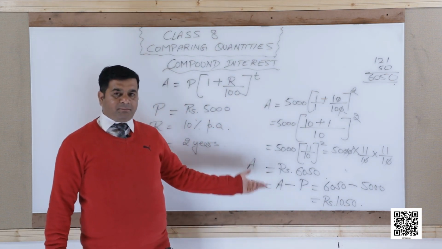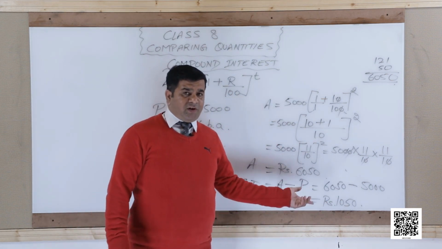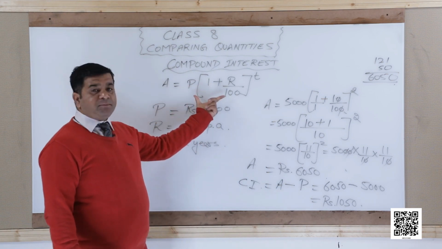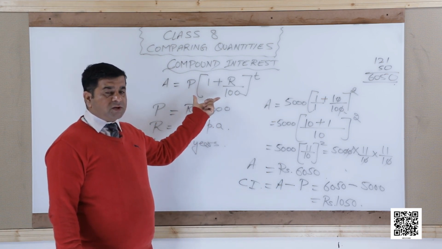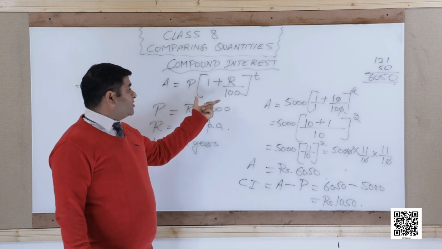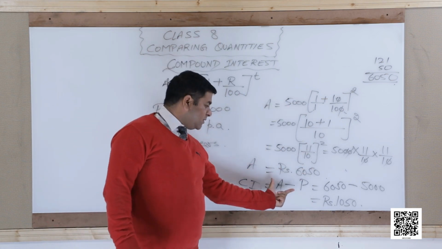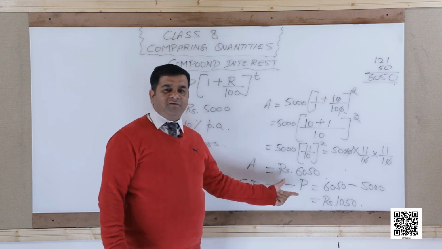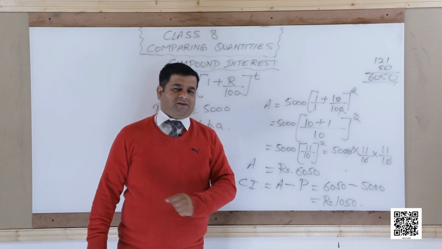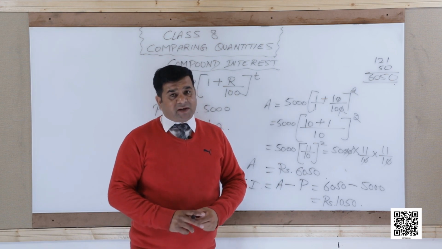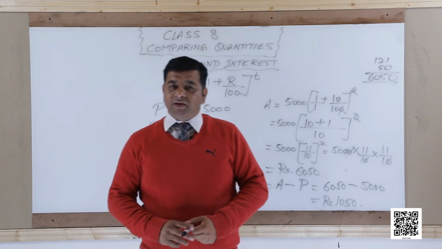This is the compound interest. So this way, students, with the help of this formula for amount in case of compound interest, we can first find the amount, and then subtracting principal from this amount, we can find the compound interest. I hope you are clear with the topic of compound interest.